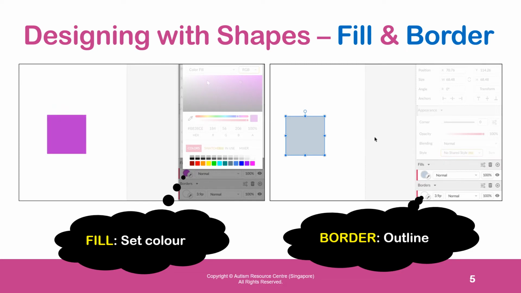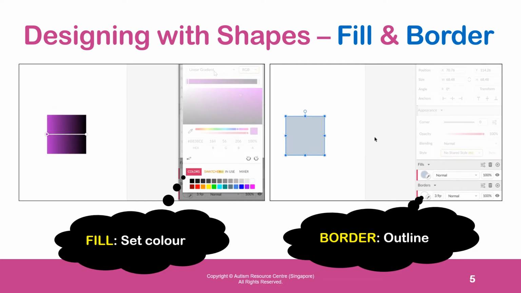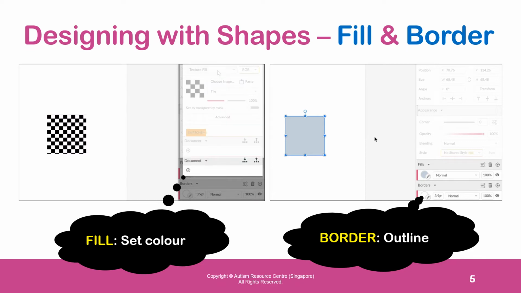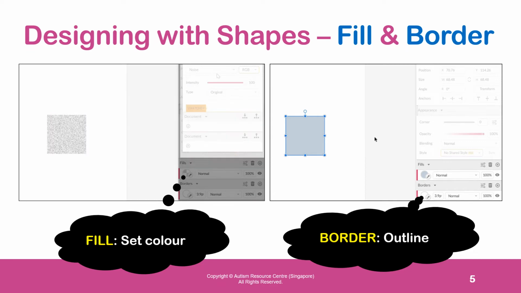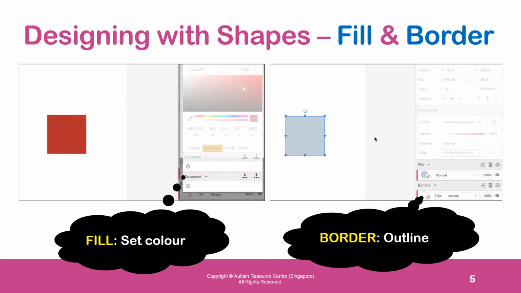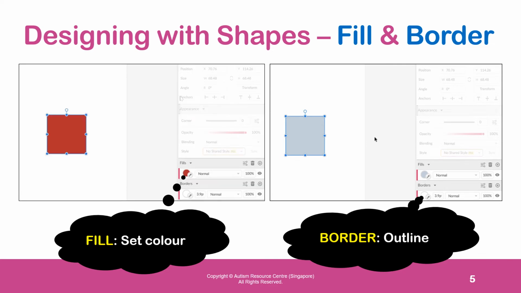You can also choose to change the color fill to a gradient or texture or pattern fill. Once you're happy with it, you may click out of the box to see your edited and modified shape.